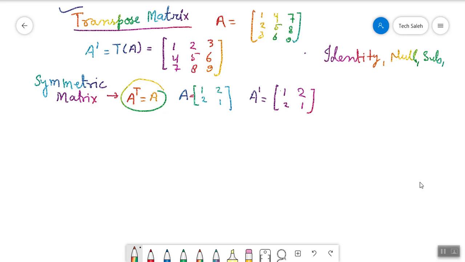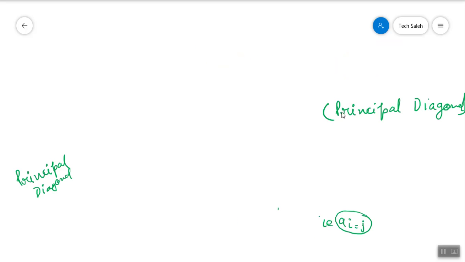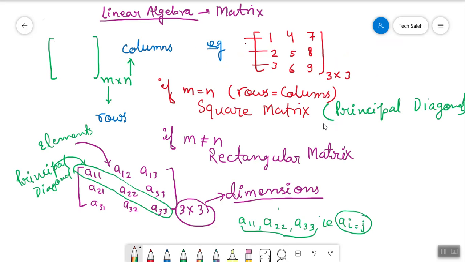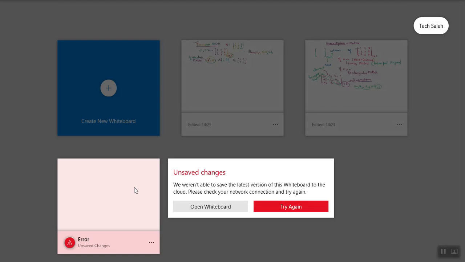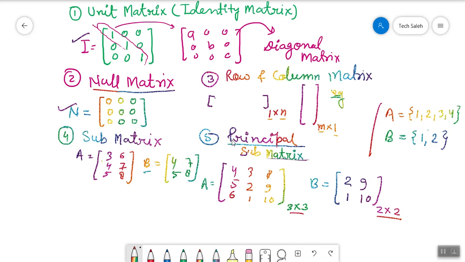So the basic idea is that these matrices are square matrices, and you must remember this: we will perform all the operations over square matrices, not any other matrices. Here we have the null matrix.